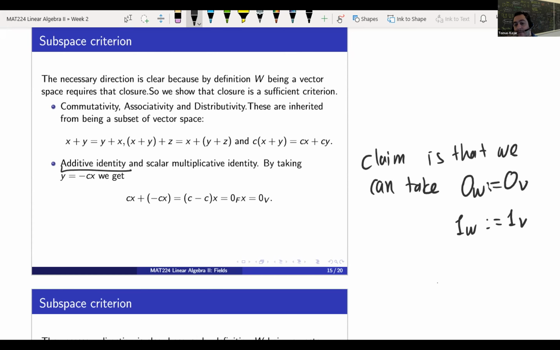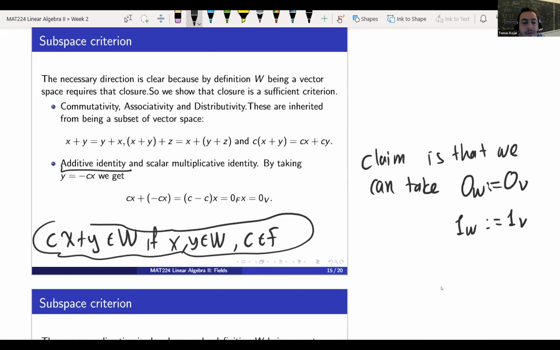How do you do this? Well, we know that cx + y is in W when x and y are in W. This was the closure, so this is known.